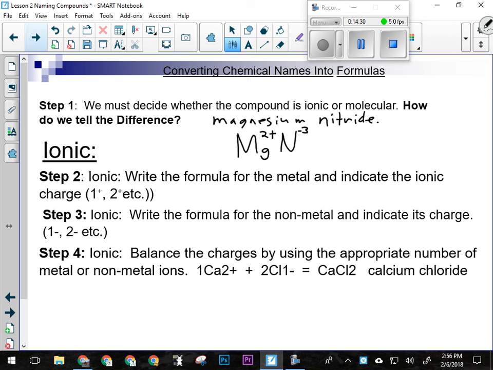What do I do with those charges? Drop and swap. The 3 drops and swaps and comes over to here. The 2 drops and swaps and comes over to here. Now I'm done. Mg3N2. So with ionic compounds, we have to drop and swap.